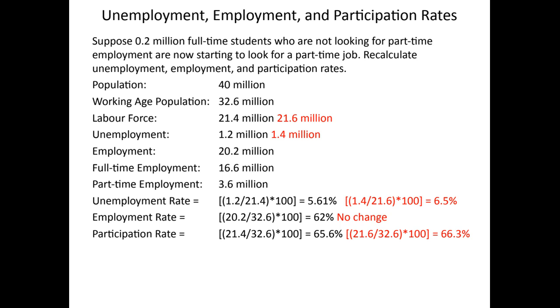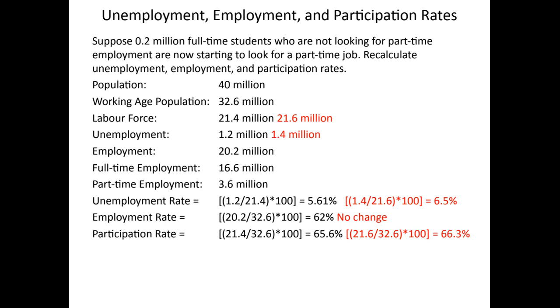And then participation rate, since the labor force data changes. So labor force, we had earlier 21.4 million. Now we have 21.6 million. So this participation rate would also change. So notice that instead of writing 21.4, now I write 21.6 million divided by the same 32.6, because there's no change in working age population.